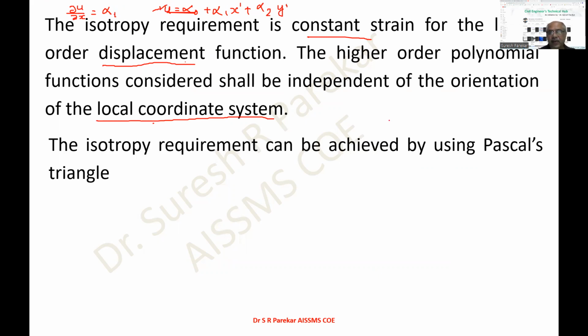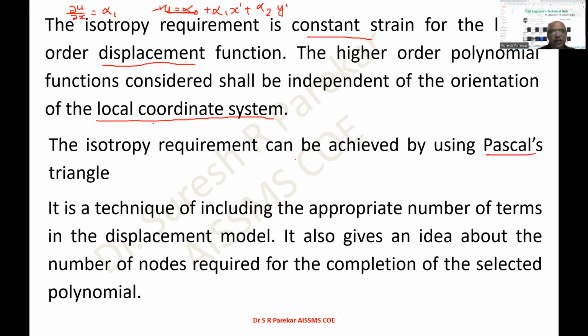The isotropy requirement, I already mentioned, we have by using Pascal's triangle. For the isotropy requirement, it is a technique of including an appropriate number of terms in the displacement, means I can say the coefficients. So we have written over here u is equal to alpha naught, alpha 1 x, alpha 2 y.